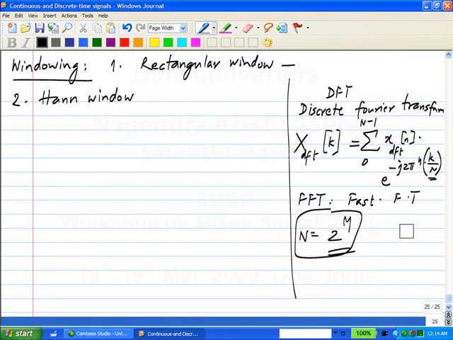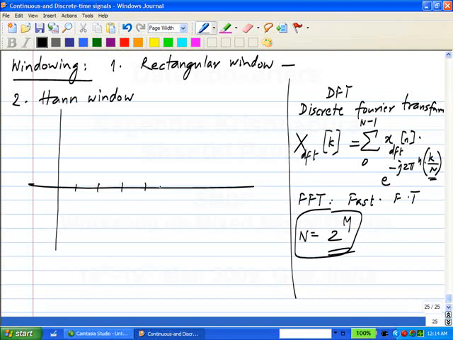And what is the Hann window? If you are taking an N-point FFT, I'll take small n, obviously. So here I have taken N equals 8.